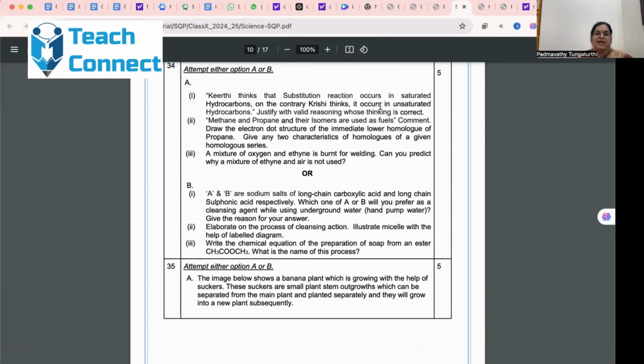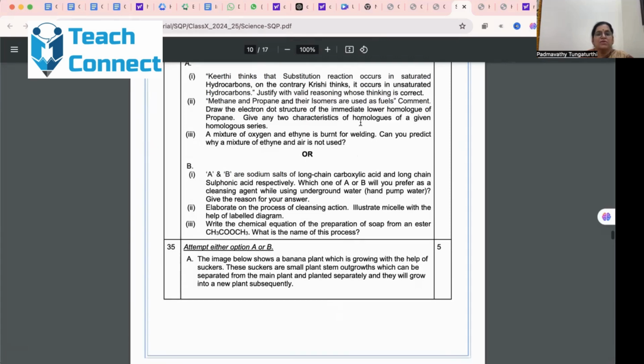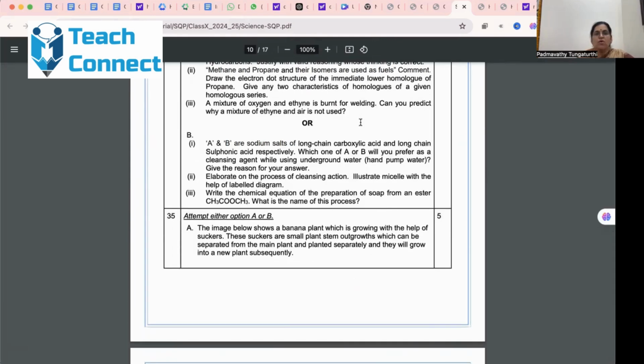Methane and propane and their isomers as fuels. Which one is a stronger fuel? This is what we got to comment on, because methane is one carbon and propane is three carbon. Therefore, how is the chain affecting the strength of the fuel, and what's a homologous series.